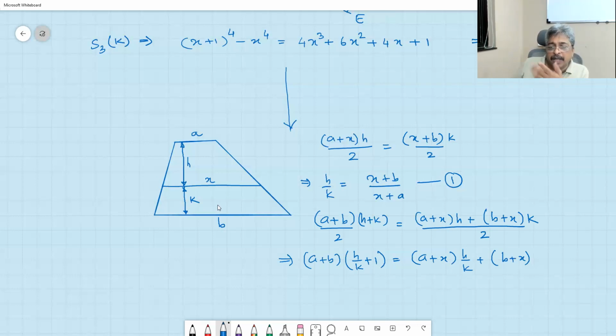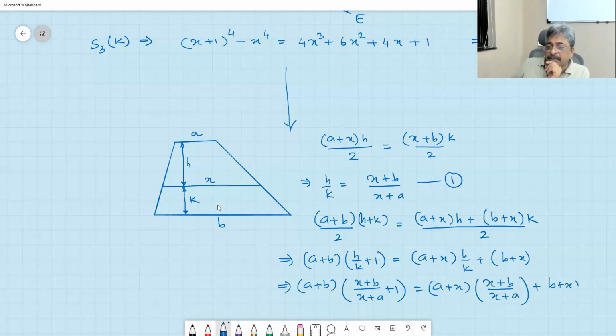Gone, and dividing everything by k we get this, and hence by substituting h by k is equal to this: (a plus b) into (x plus b) upon (x plus a) plus 1 should be equal to (a plus x) into (x plus b) upon (x plus a) plus b plus x.